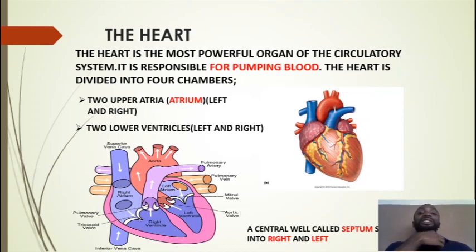The heart has a central wall that separates it into the left and the right. We call that central wall the septum. They almost have the same spelling and pronunciation, did you notice that? The septum is the one that separates the heart into left and right.